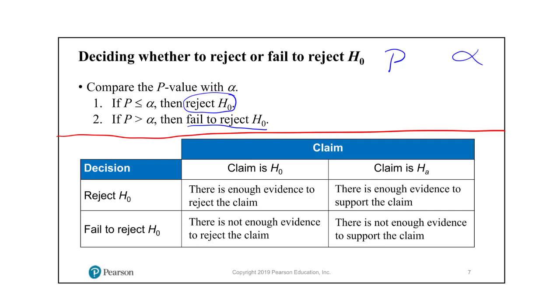So you reject it because it's not really following it. If p is greater than alpha, then that means that basically there's nothing about the sample that contradicts what the null hypothesis assumption about the population would say.